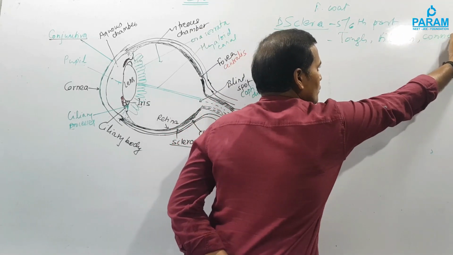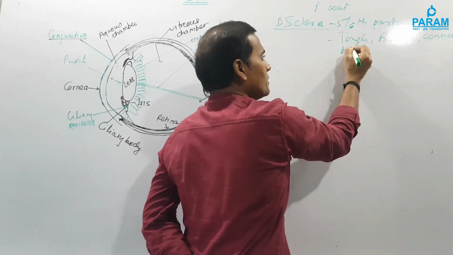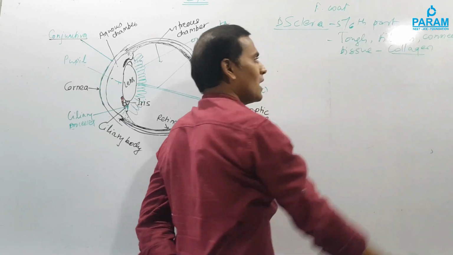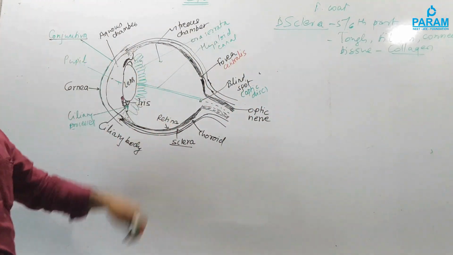It is made up of tough fibrous connective tissue, and mainly the fibers present in it are collagen fibers. So this is about your sclera.